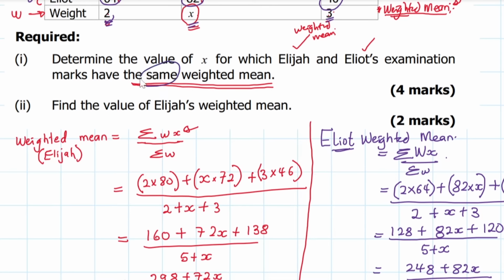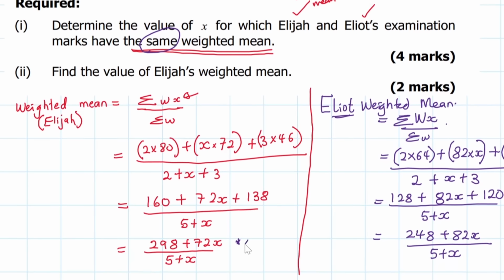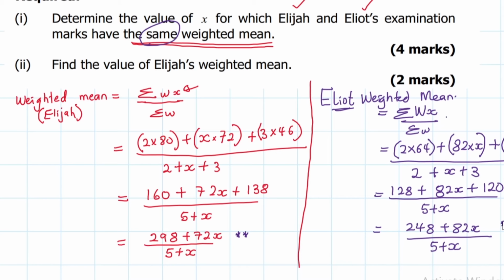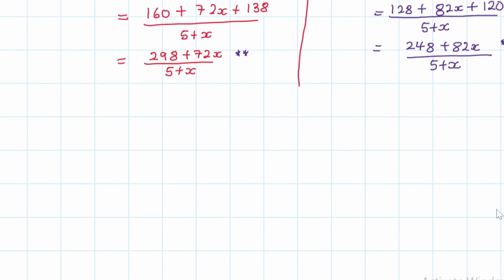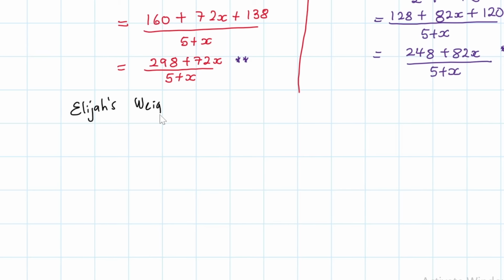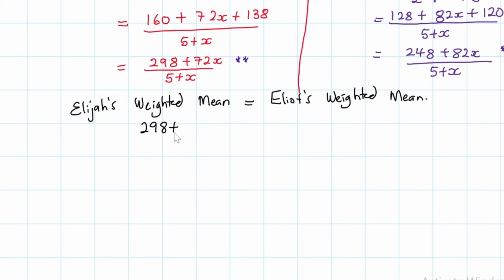So Elijah's weighted mean is equal to Eliot's weighted mean: 298 plus 72x, divided by 5 plus x, is equal to 248 plus 82x, divided by 5 plus x.